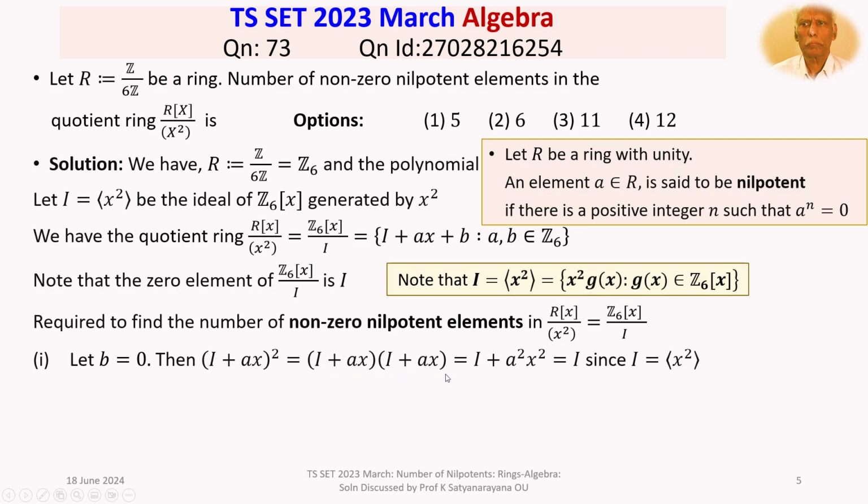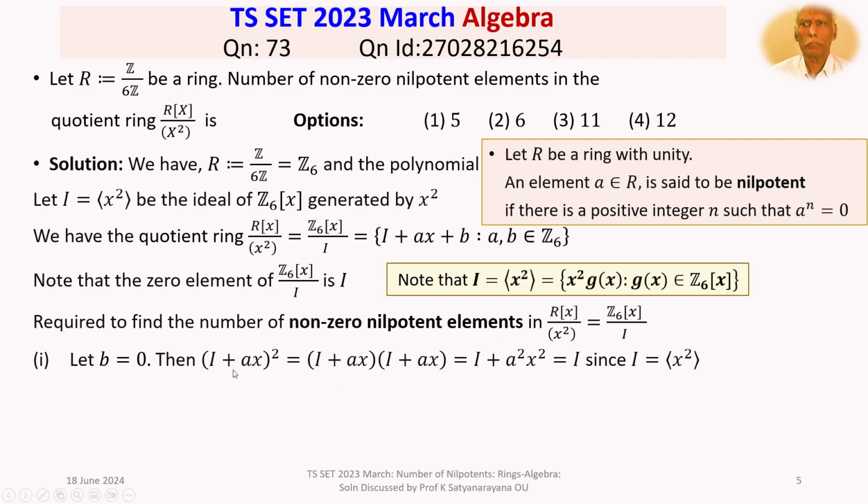That is the quotient multiplication. So here (I + ax)(I + ax) will be I + (ax)², that is a²x². Now a²x² belongs to I. Why? Because the elements of I are the multiples of x². So a²x² is a multiple of x², so this also belongs to I. So I + I is I. So (I + ax)² is equal to I, where I is the 0 element of Z6[x]/I.